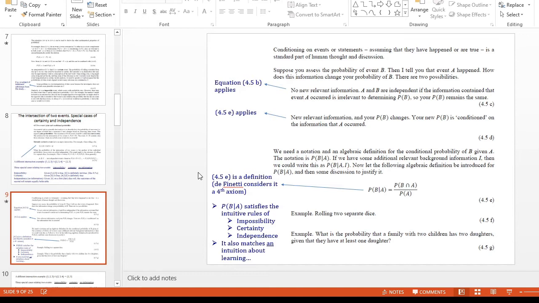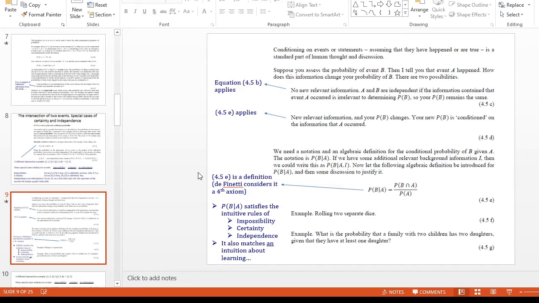There are two possibilities. As I said, these are related. These are the important cases we just looked at: impossibility and certainty, which are really one case, and independence, really the other case. These are also written up in equations or comments 4.5c and d.